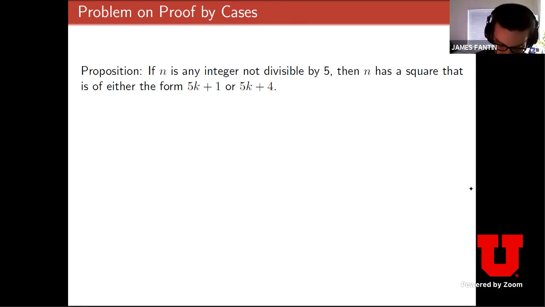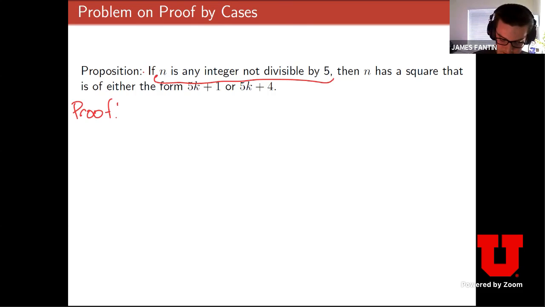The reason is that whenever we start our proofs, we assume that the hypothesis we're given is true. In other words, our hypothesis is n is an integer that's not divisible by 5. What does that mean? By the division theorem, when we divide, the remainder is not 0.